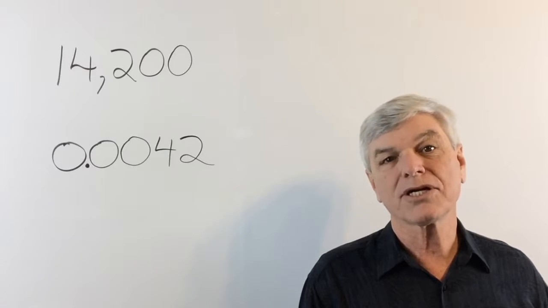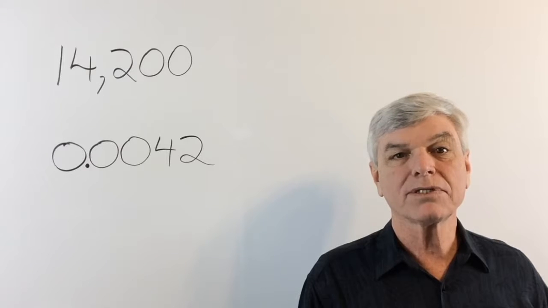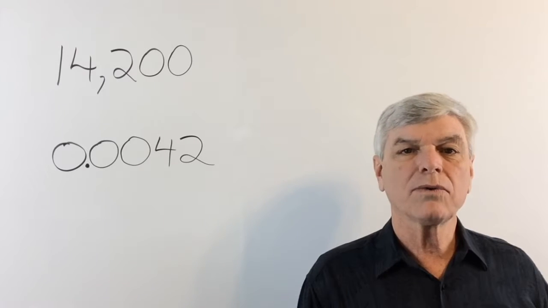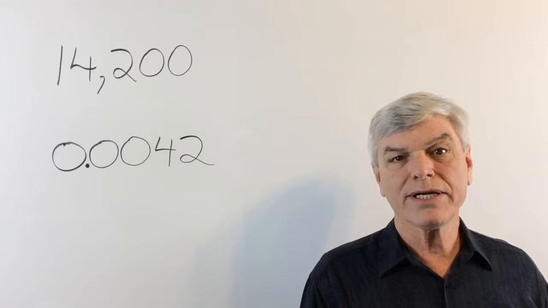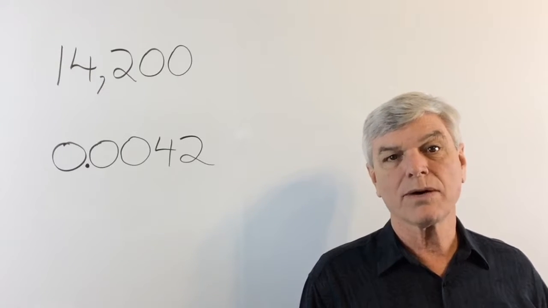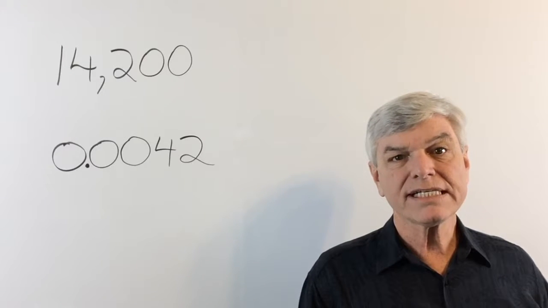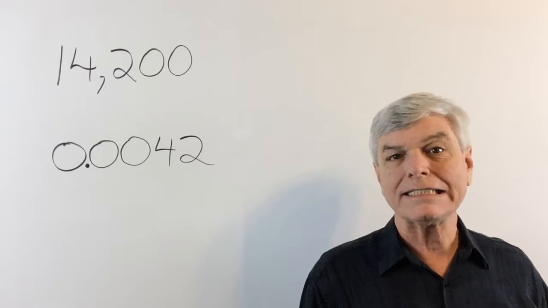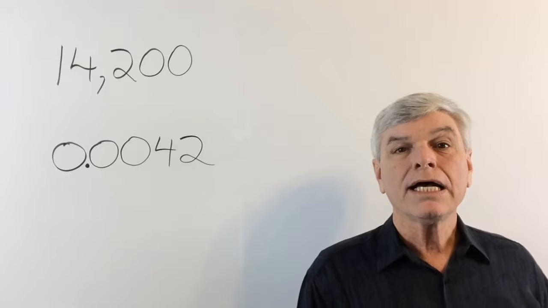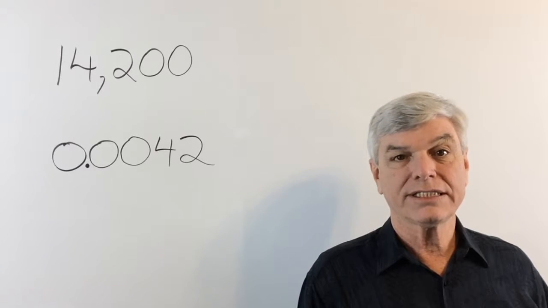Now, these two numbers you're looking at are not really large numbers or really small numbers, but we're going to work with these numbers so that you can see what I'm talking about. Now, there's lots of reasons why we do this, but in chemistry and in physics, and I'm sure other mathematical fields like calculus, it's very necessary to use scientific notation.